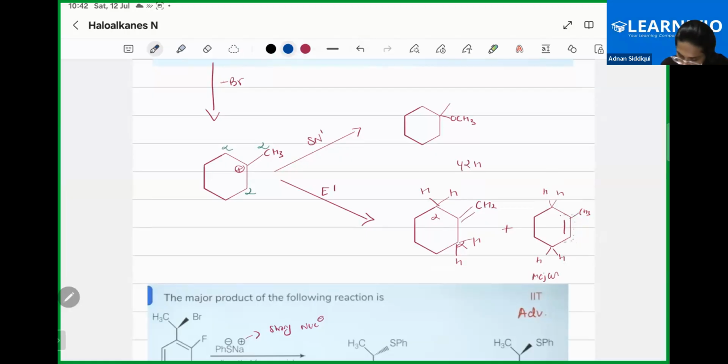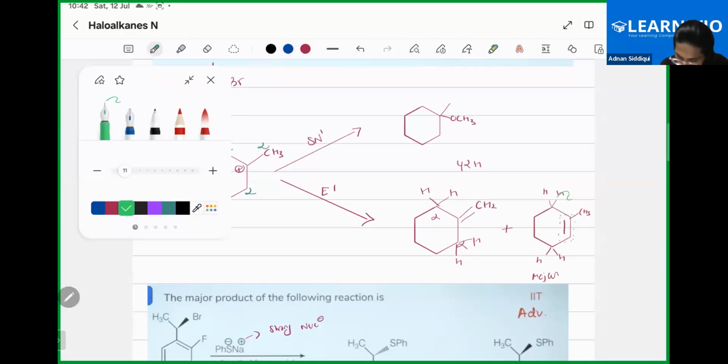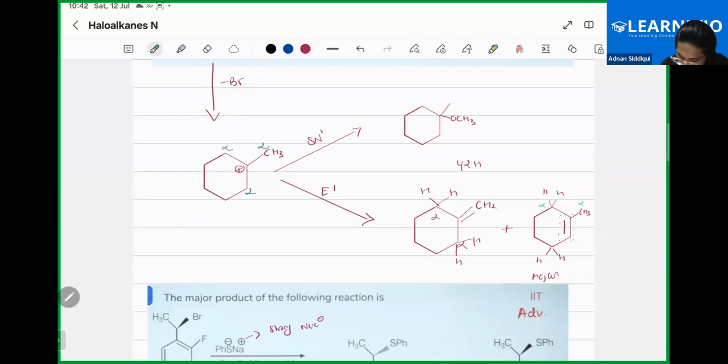You have to see like this. These are your alpha position with respect to your alkene. Here we have 3, 4, 5, 6, 7 alpha hydrogens. So which one is more stable? The second one. So it is major. Although both are alkenes, we still have to pick the more stable alkene as per Saytzeff.